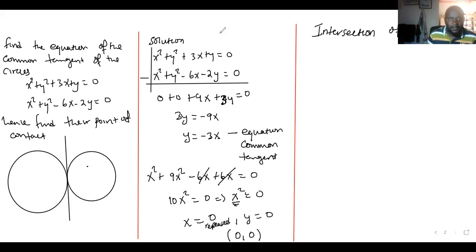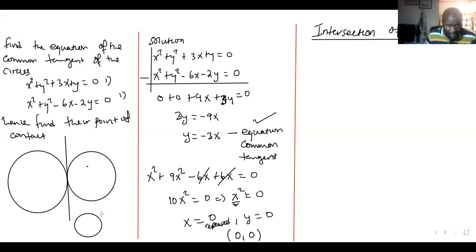How did you get the last equation? Which one? x squared plus 9x, that one. Okay. When you get the equation of the common tangent, solve it simultaneously with either of the circle equations.